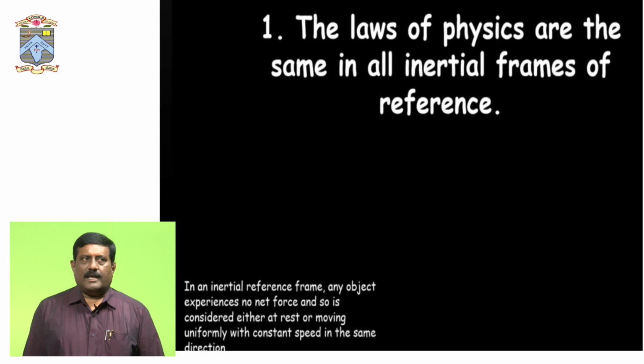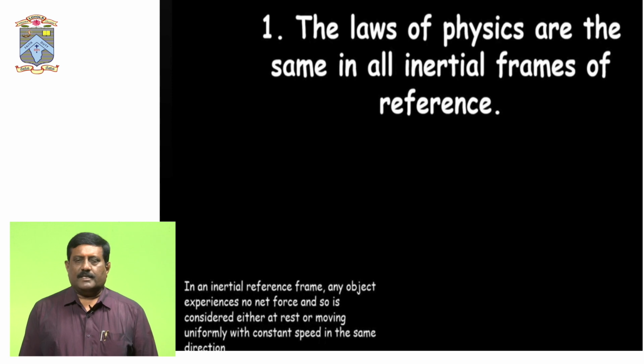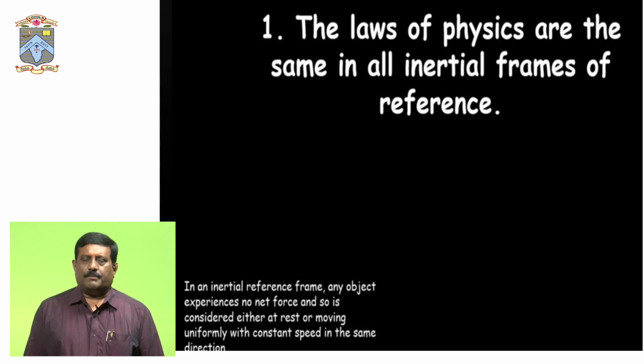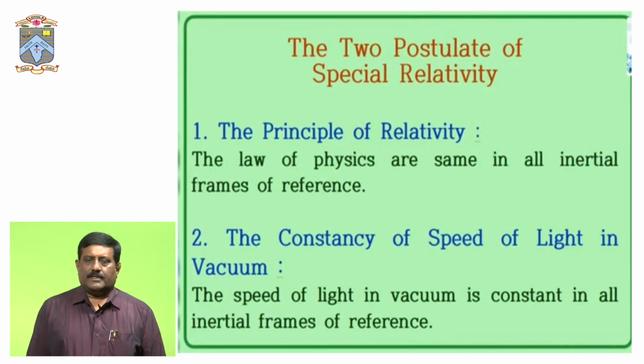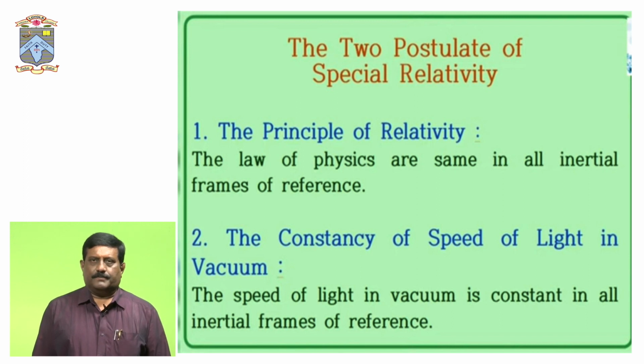So, all physical laws are the same in all inertial frames of reference, which means that in the inertial frame of reference, the object at rest or moving with uniform speed, both mean the same, they have no difference. In this case the force applied on the object is 0, hence we also treat this frame of reference as a non-accelerated frame of reference.